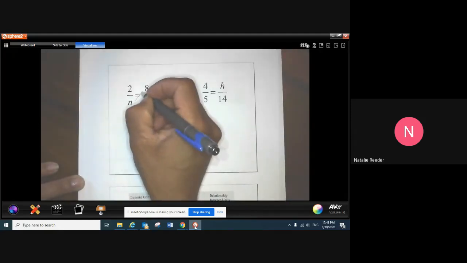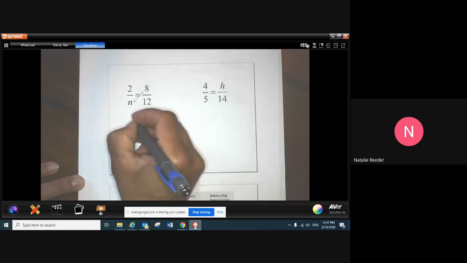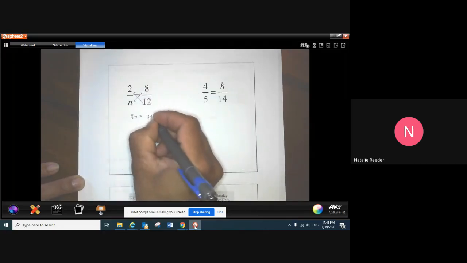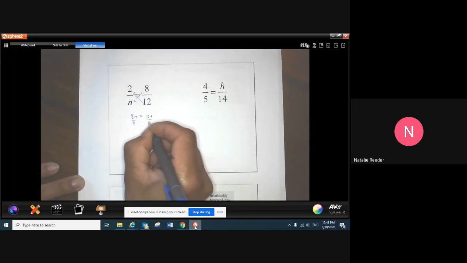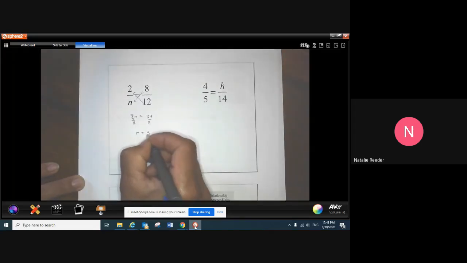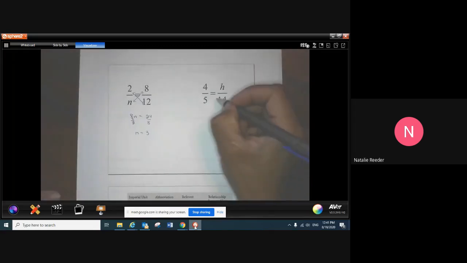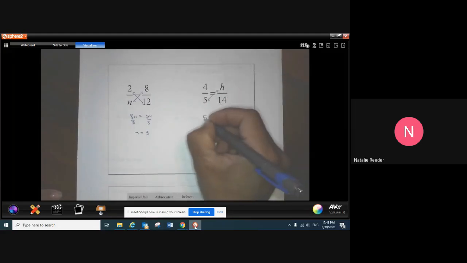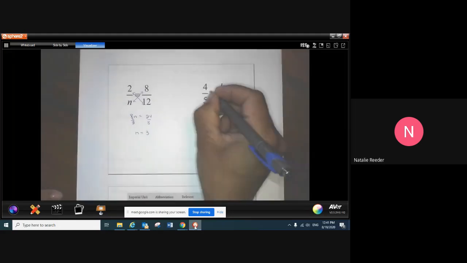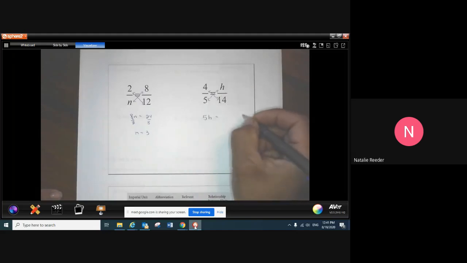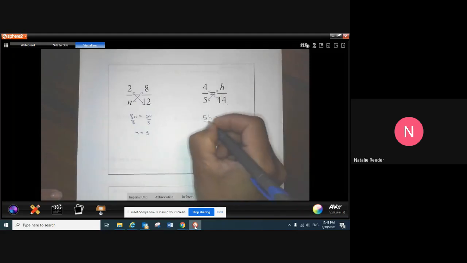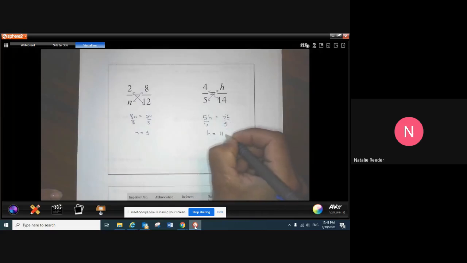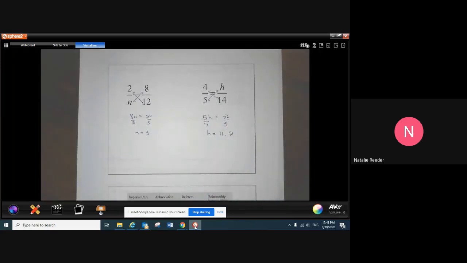We can go n times 8, which gives me 8n, and 12 times 2, which gives me 24. Divide both sides by 8, and we are left with n equals 3. And again, cross multiply, 5 times h gives me 5h, and 14 times 4 gives me 56. Divide both sides by 5, and h is equal to 11.2, or 11 and 2/10.